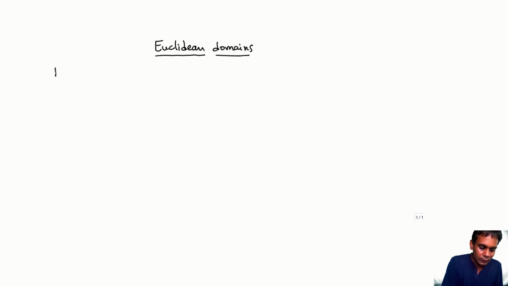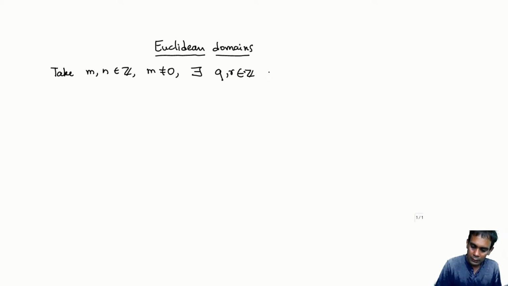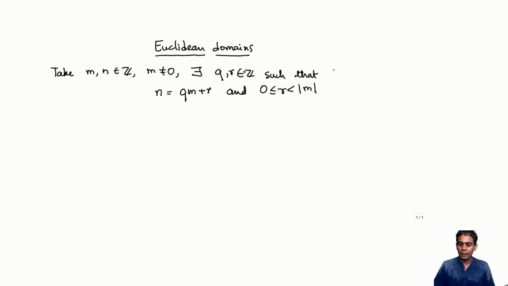If you take two integers m and n, let's assume that m is non-zero, then we know that there exist integers q and r such that n is equal to qm plus r, and r lies between 0 and the absolute value of m.